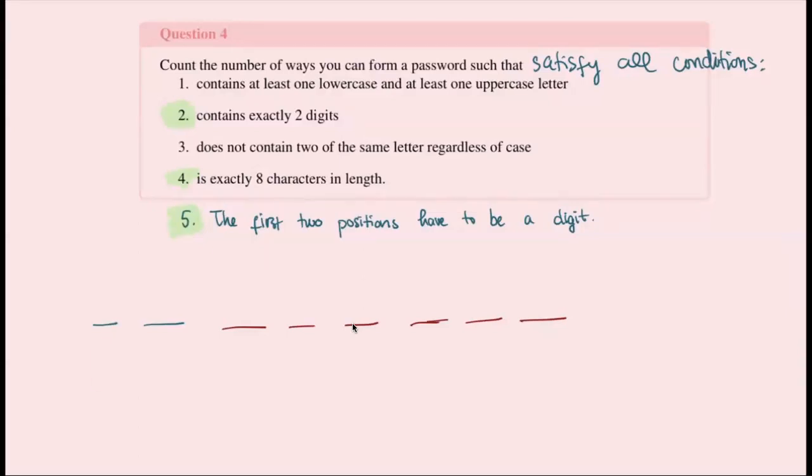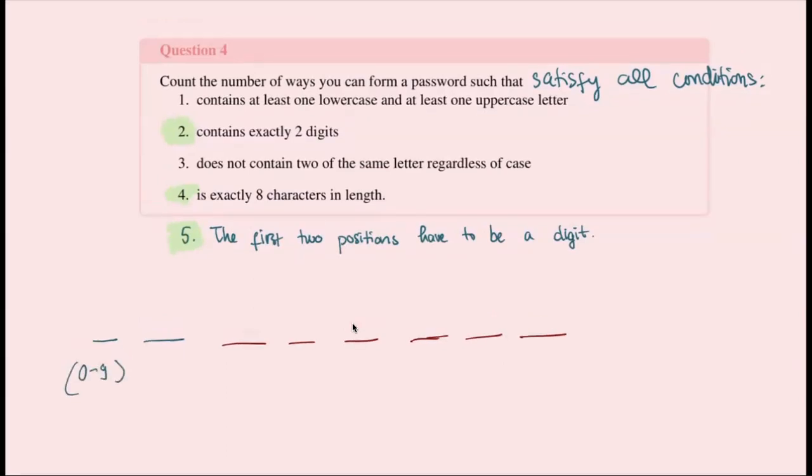How many choices do I have for the first one? For the first spot, it can be any digit from 0 to 9. So how many choices do I have? Yes, I have 10 choices. How about the second digit?